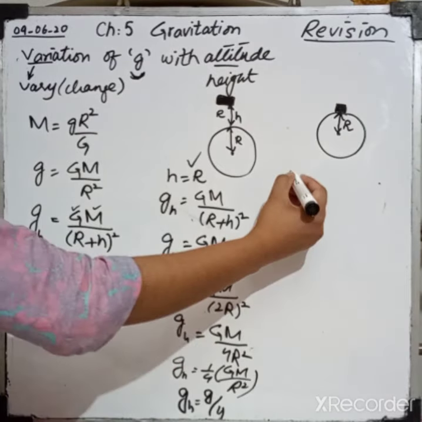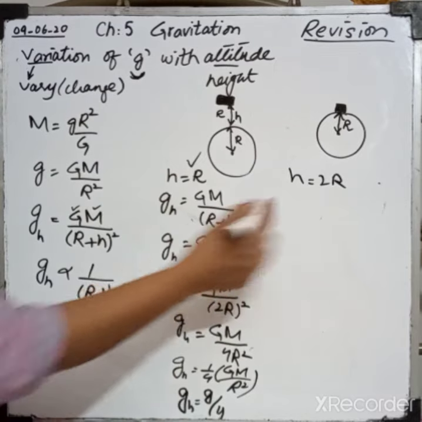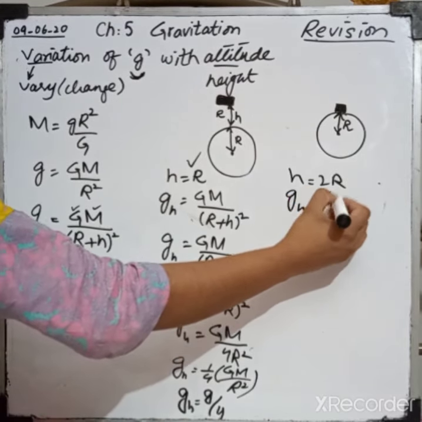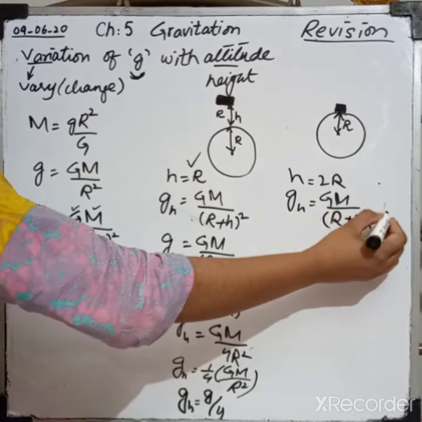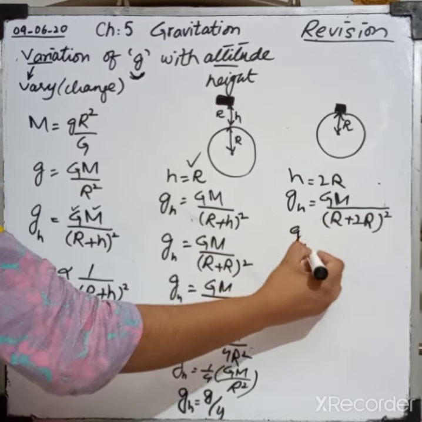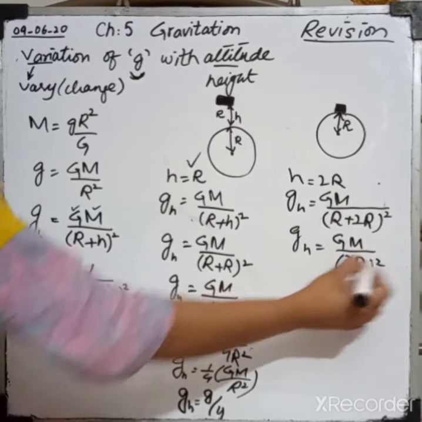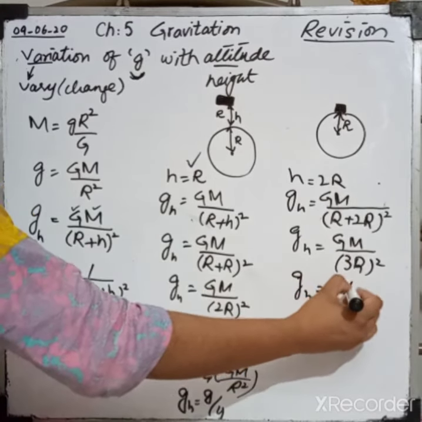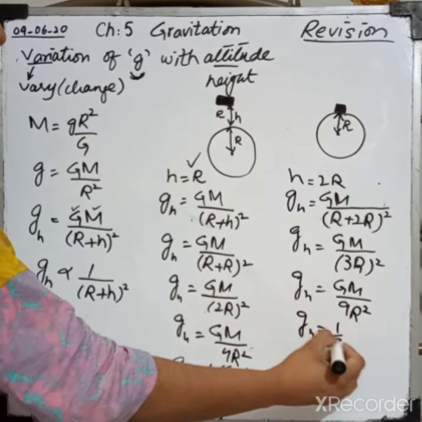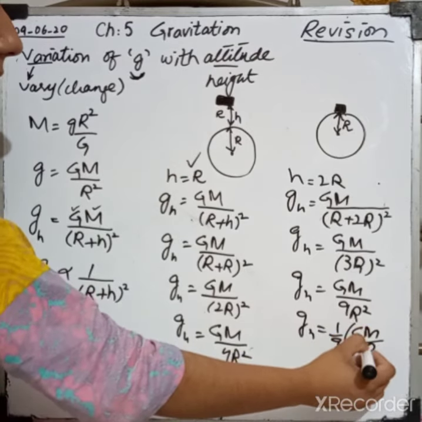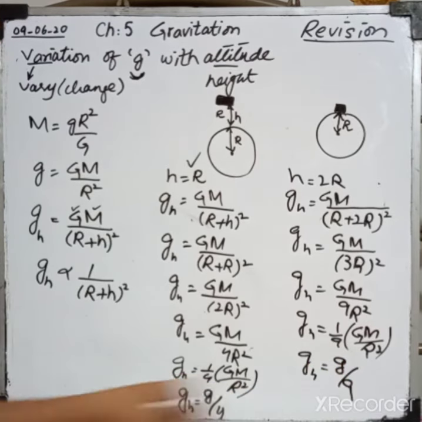Again, if we want to take it at a height of 2 earth's radius, its value gh will be equal to GM divided by r plus 2r whole square. Don't forget to write square here. gh equals GM divided by 3r square. gh will be equal to GM divided by 9r square, or gh will be equal to 1 by 9 GM by r square. This is the formula for g at the surface of earth, so we can write it like this.